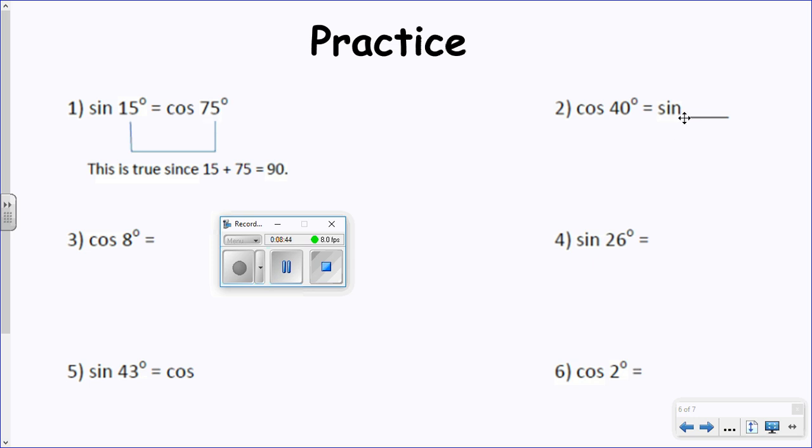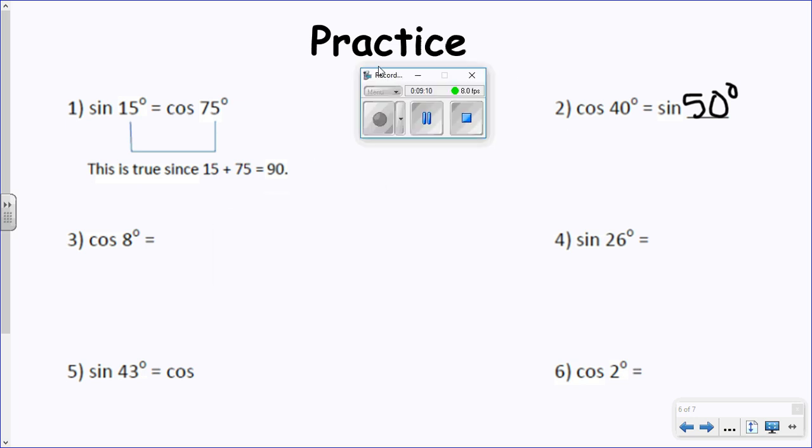The cosine of 40 degrees is going to be equal to the sine of its complement. The complement of 40 would be 50 degrees. You can check that in your calculator: put in the cosine of 40 and the sine of 50 and see that you get the same thing.